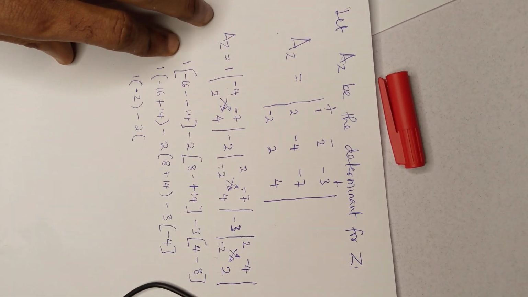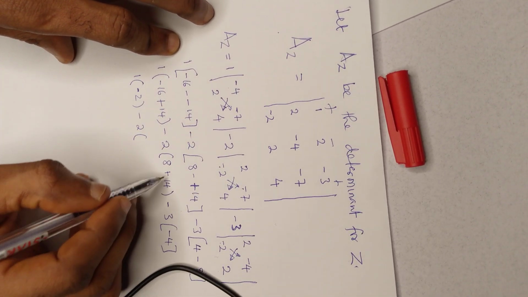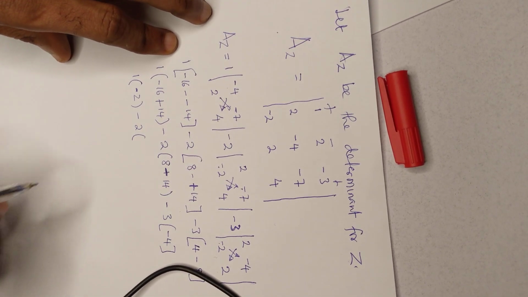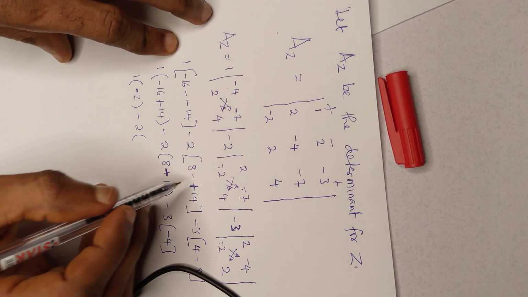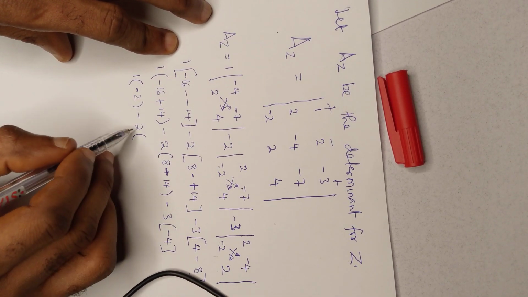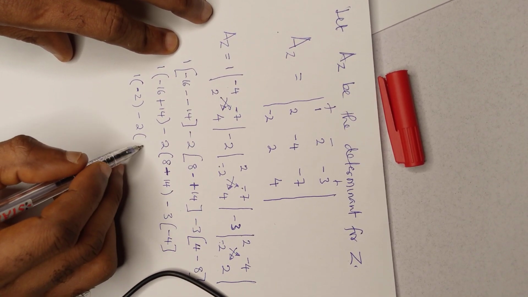Okay, plus 14. So here will be 8 minus 14. So minus 2, 8 minus 14 will give us minus 6 here.